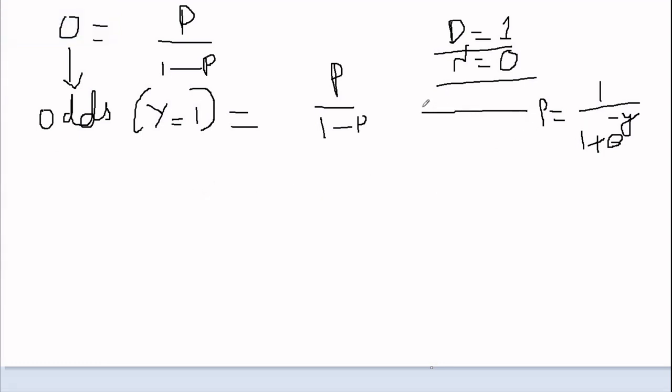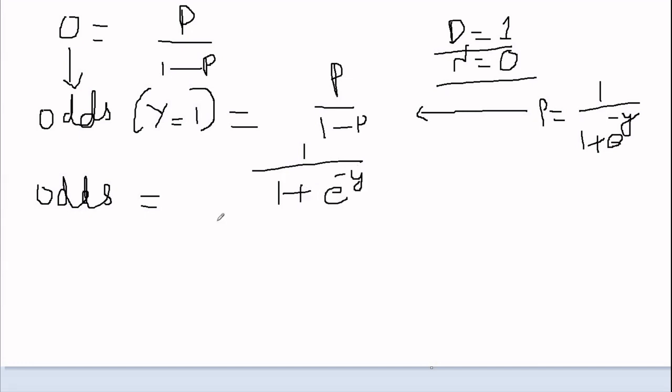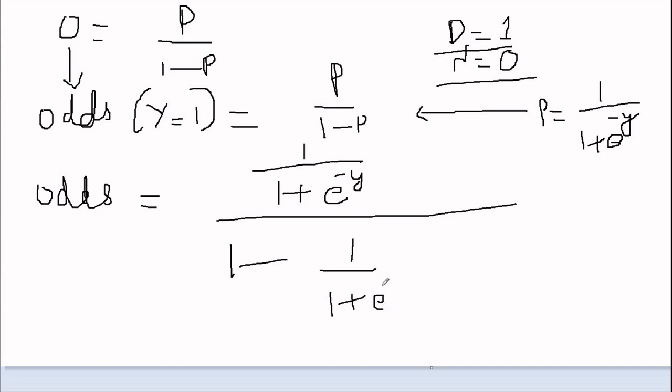Now we can plug this equation into this equation and find out what the odds are. So odds can also be written as 1 by 1 plus e to the power minus y divided by 1 minus 1 by 1 plus e to the power minus y.